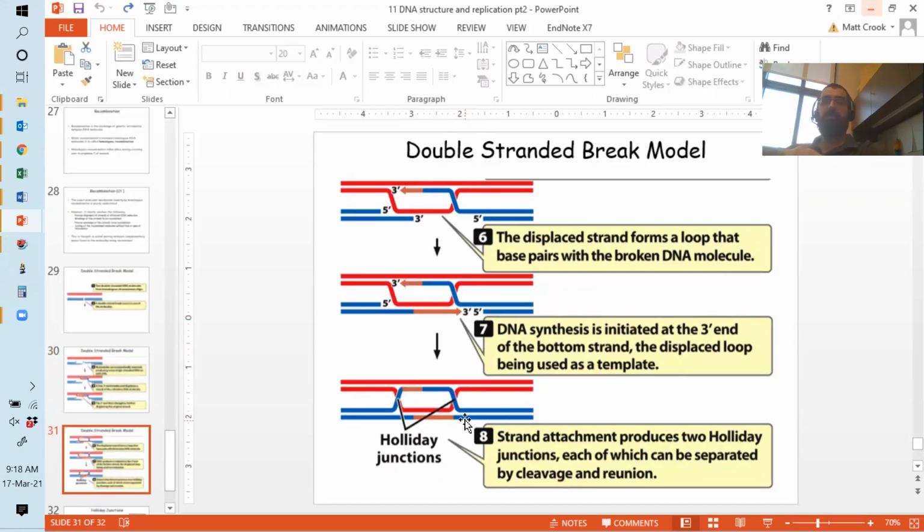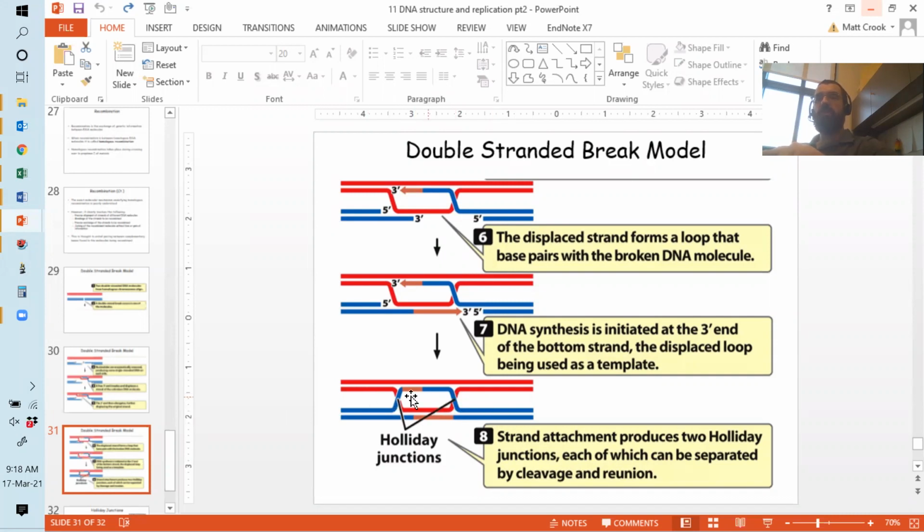And when it does, you get the same process of backbone sealing using DNA ligase as you do in normal DNA replication. And now you have essentially this hybrid, right, where you have a bit of original DNA, and then you have a mix of the 2 chromosomes, and then original DNA, and the opposite on the other side, right?